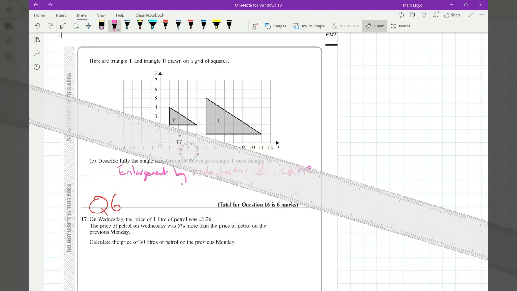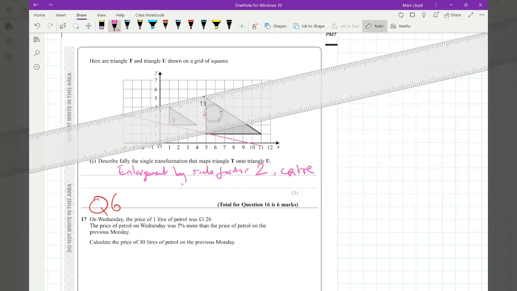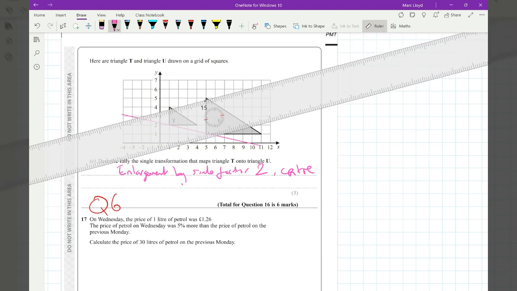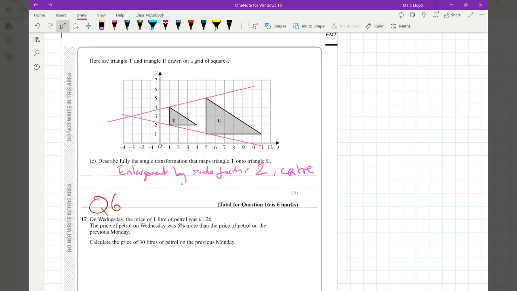If I draw through the vertices, I should find the center of enlargement because we're reverse engineering the ray lines. There we go. And that gives me a center of -3, 3. So I'll give it by the coordinate in order to get that center of enlargement.